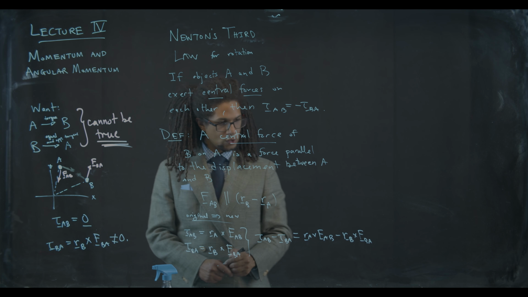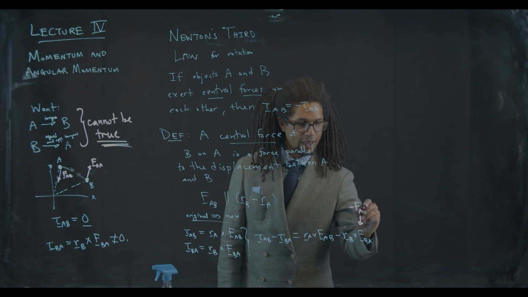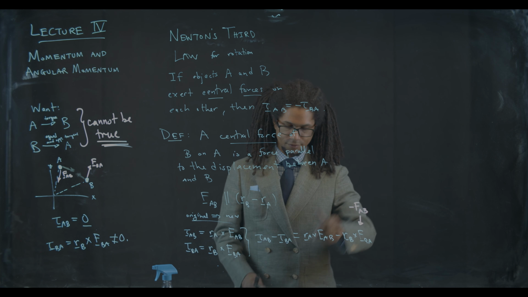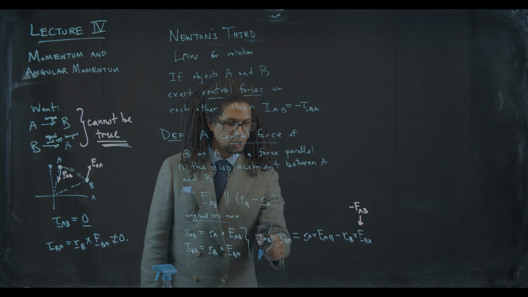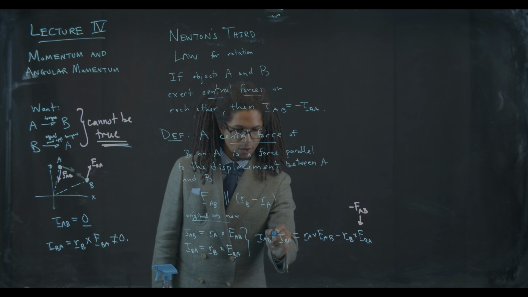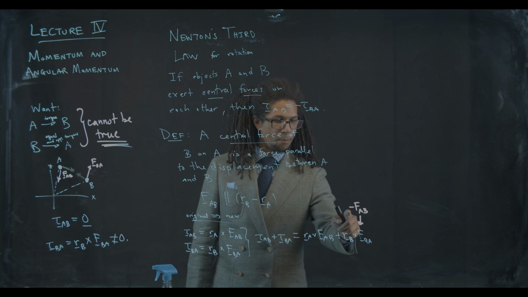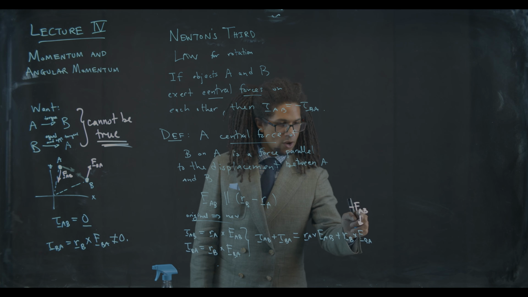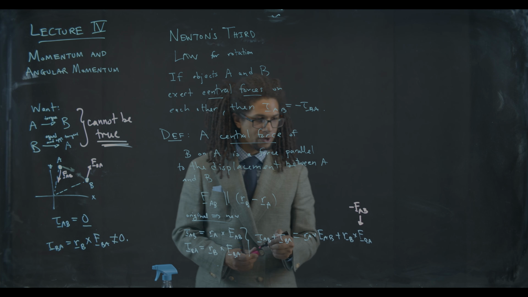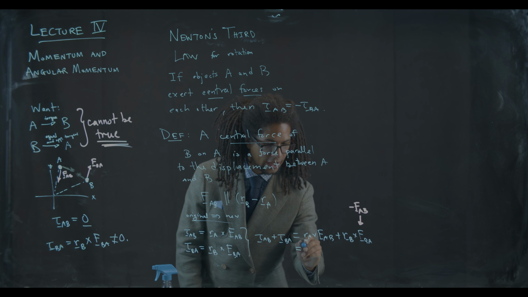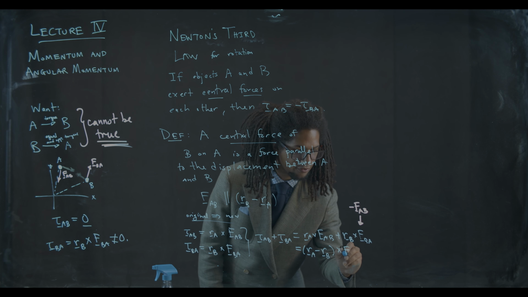Now we'll use Newton's third law, which says that F_BA is equal to minus F_AB. Good. And I'm making a mistake here: I shouldn't subtract these two equations, I should add them. Everything I wrote is true, but it's going to be much more useful if we do this. Now we'll pick up a minus sign here. But notice we can pull out an F_AB from both terms at this point. So we'll now get r_A minus r_B cross F_AB.